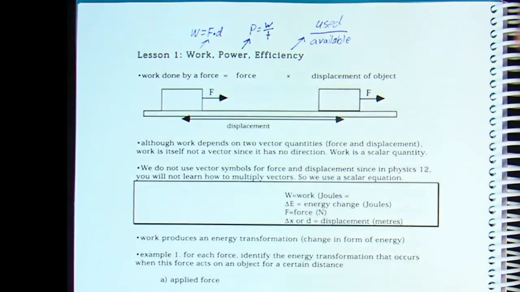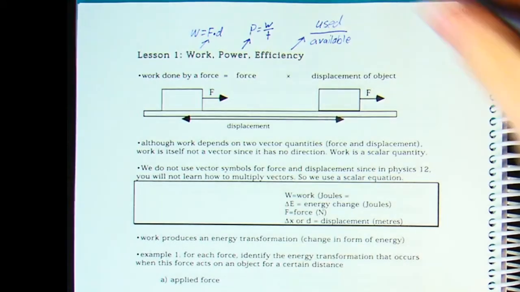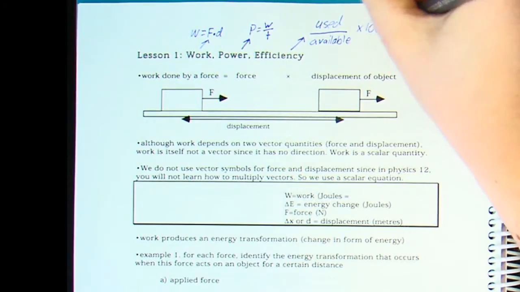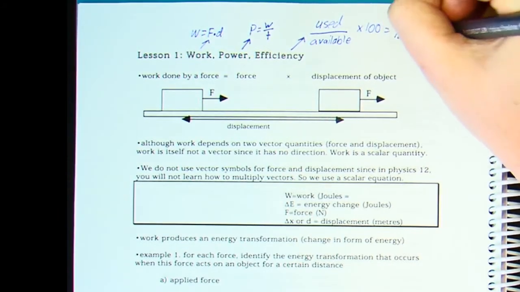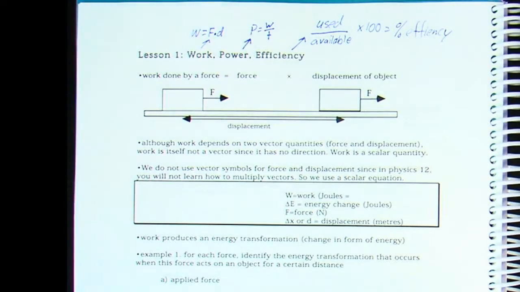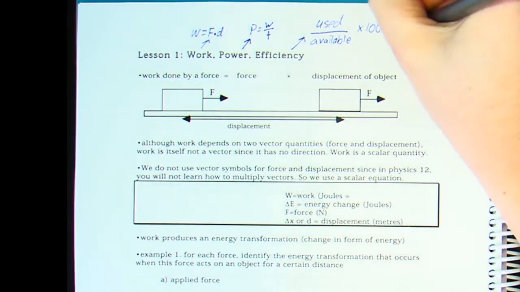So that'll give you a fraction, a decimal. Generally, when we talk about efficiency, we consider percent efficiency. So we're going to multiply that by 100, and that's going to give us percent efficiency. There we go. That's a little hard to read. Percent efficiency.